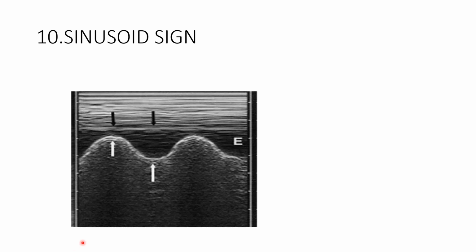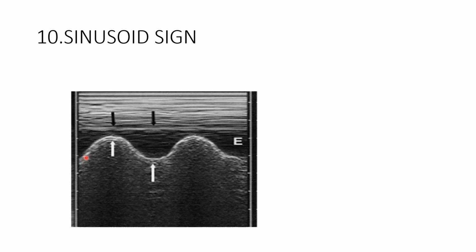Then the sinusoid sign. In M mode, there is a sinusoidal pattern. This pattern is seen due to the movement of the lung line towards the pleural line on inspiration, and it comes back on expiration.